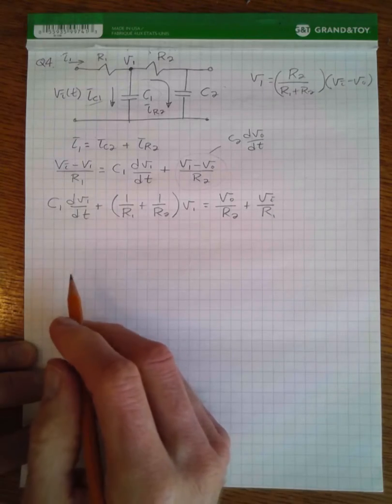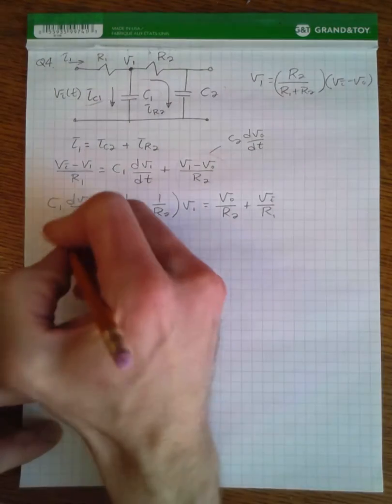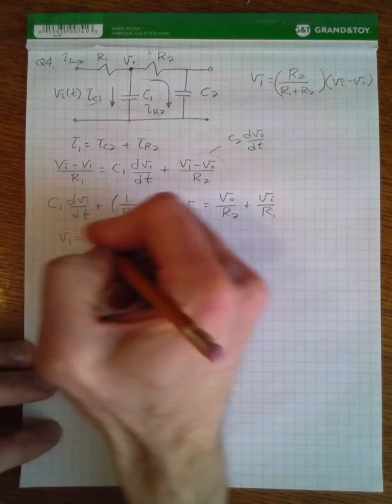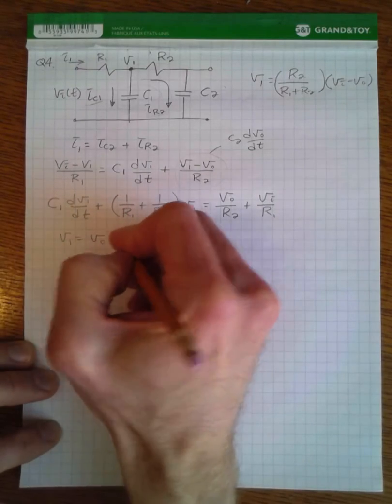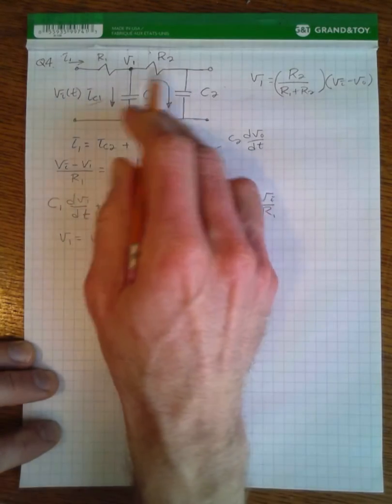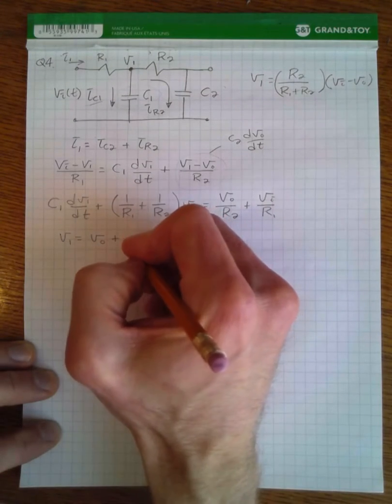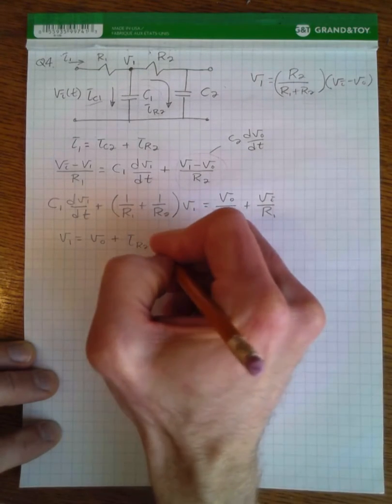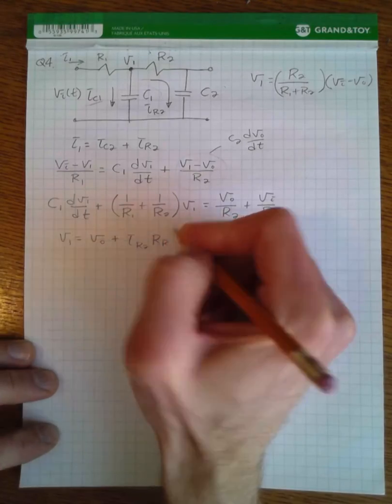And V1 is equal to the output voltage plus the voltage drop across the resistor, which is just I R2 times R2.